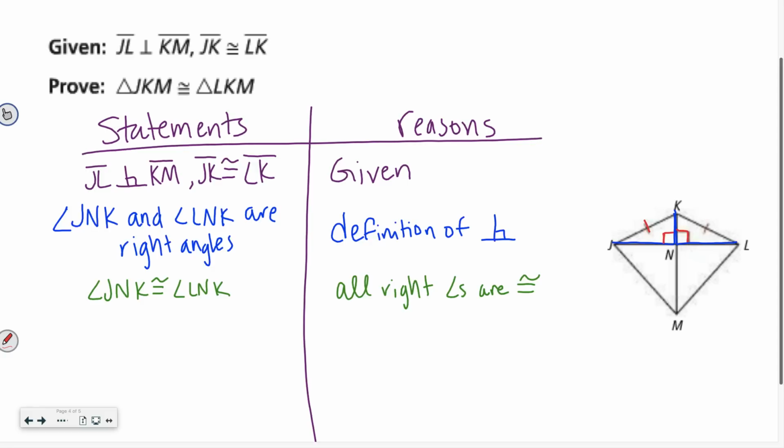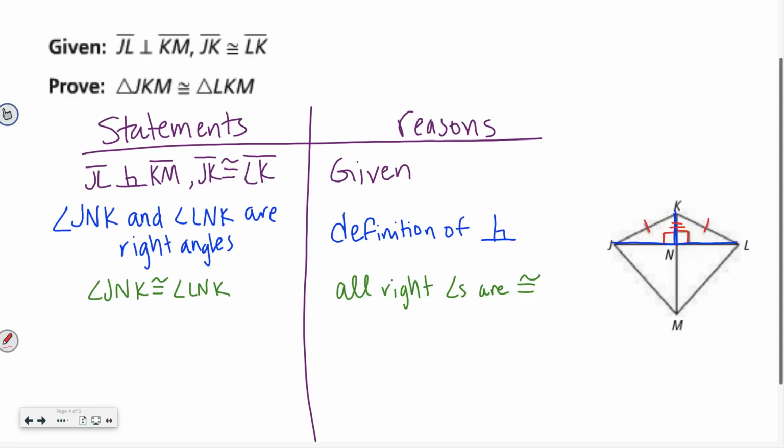So now that I have those two right angles, and I already know that we have two hypotenuses that are congruent. We stated that back in the given, so there's our given information being used. If I want to use the hypotenuse leg theorem to prove that we have two congruent triangles, I need one more leg. And if I look, both of those smaller triangles share that side.